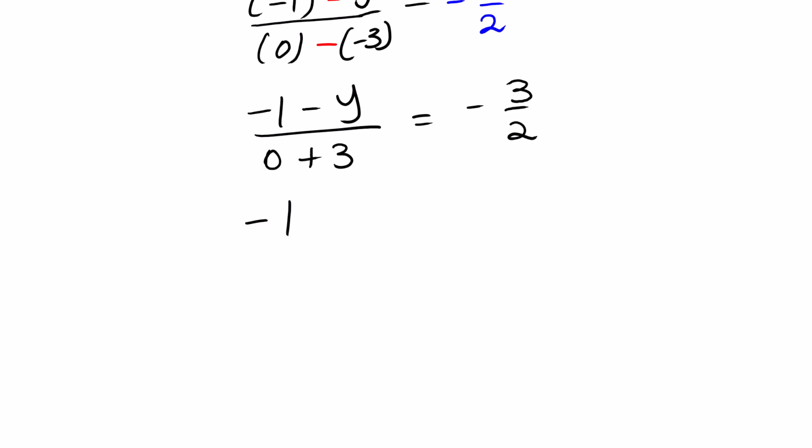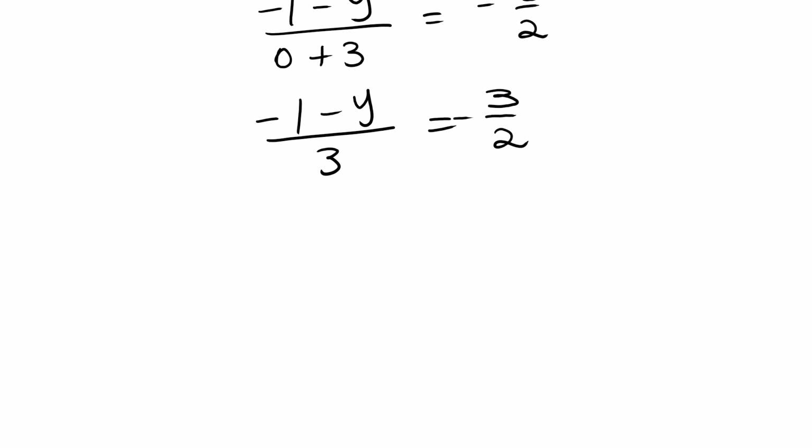We have -1 minus y over 3 is equal to -3/2. -1 minus y all over 3, I can rewrite this as -1.5.